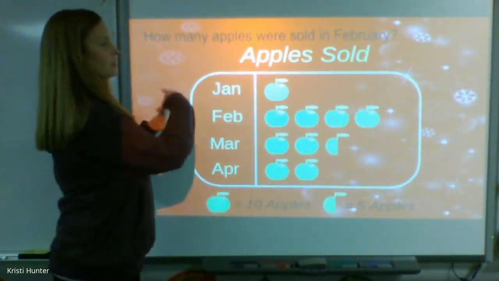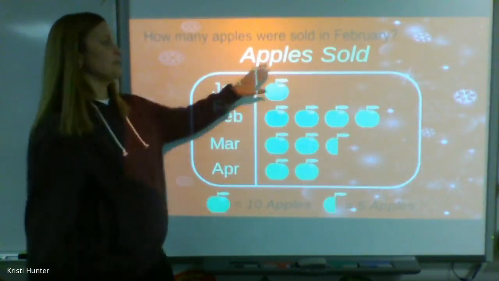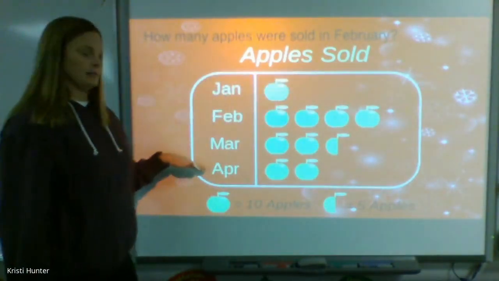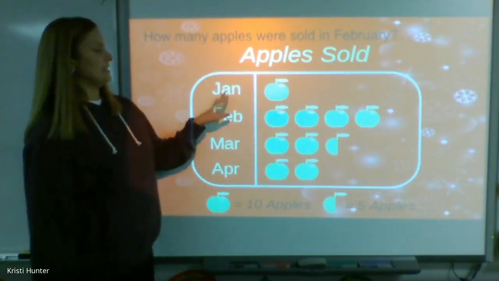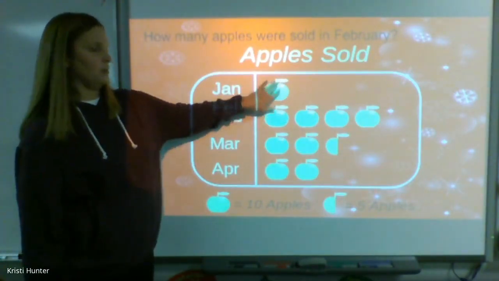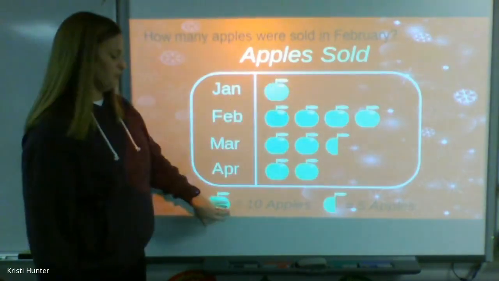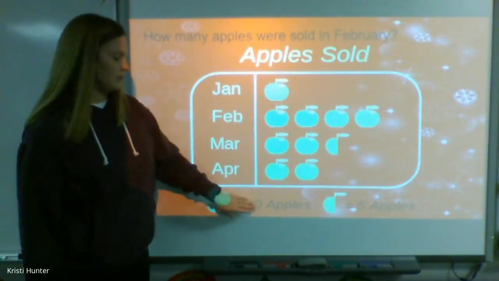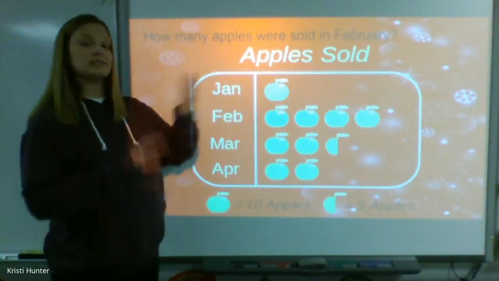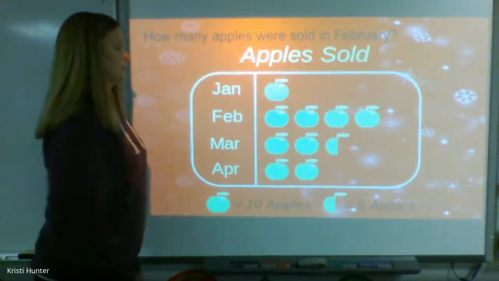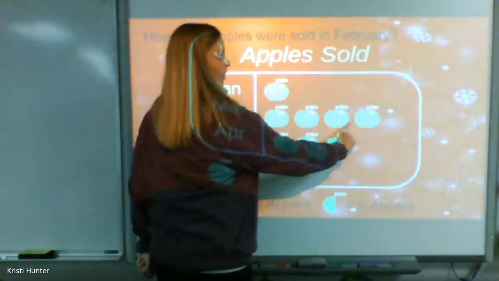So if we take a look at this chart, it tells me the apples that were sold in these months. So January, February, March, April. And it looks like January sold 1 green apple, which remember, that green apple equals 10. So instead of just saying they only sold 1, they actually sold 10. So February has all of these apples.